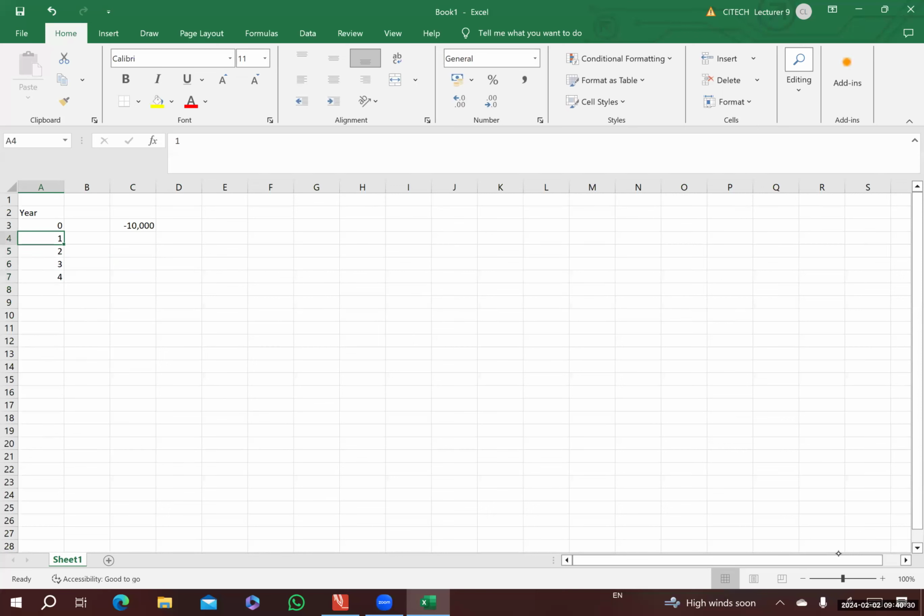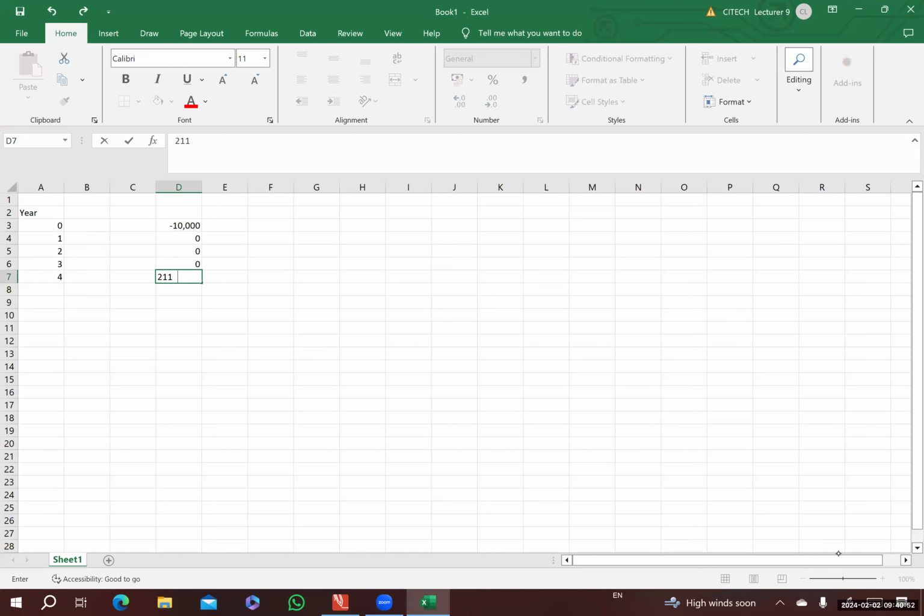There's no cash flow for year 1 to year 3. Oops, I have to delete this side, I think. Minus 10,000. No cash flow year 1, year 2, year 3.